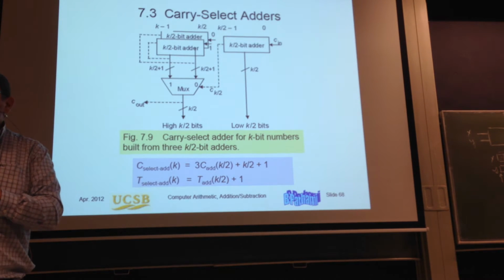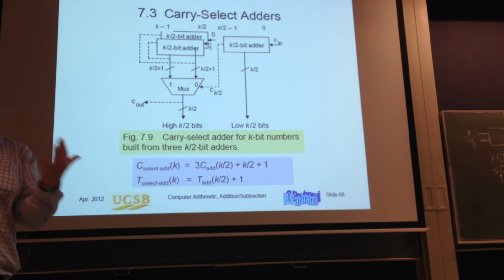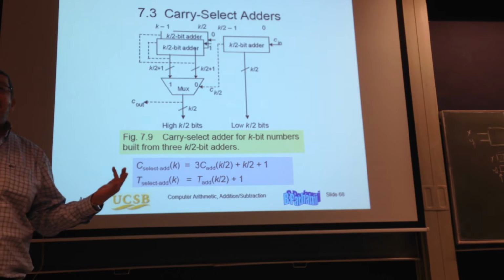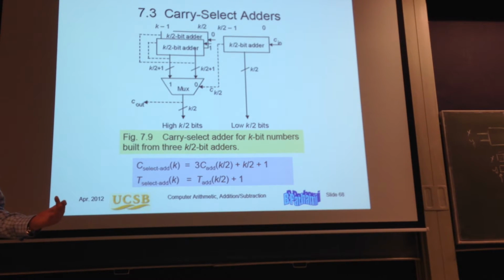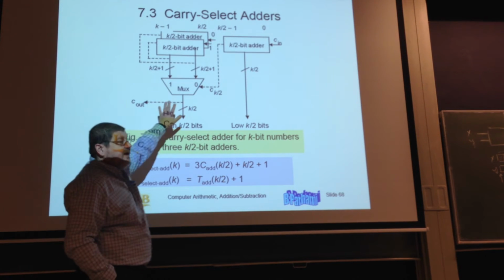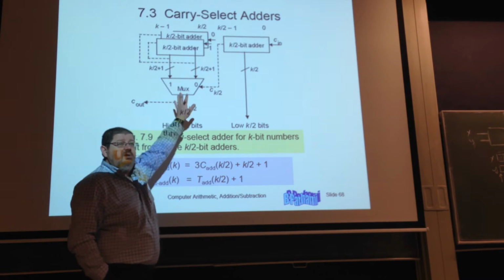What I can do is to compute the carry into two possible scenarios, whenever carry is 0 and whenever carry is 1. Then, when I complete the k over 2-bit addition for the least significant position, I know the outcome.